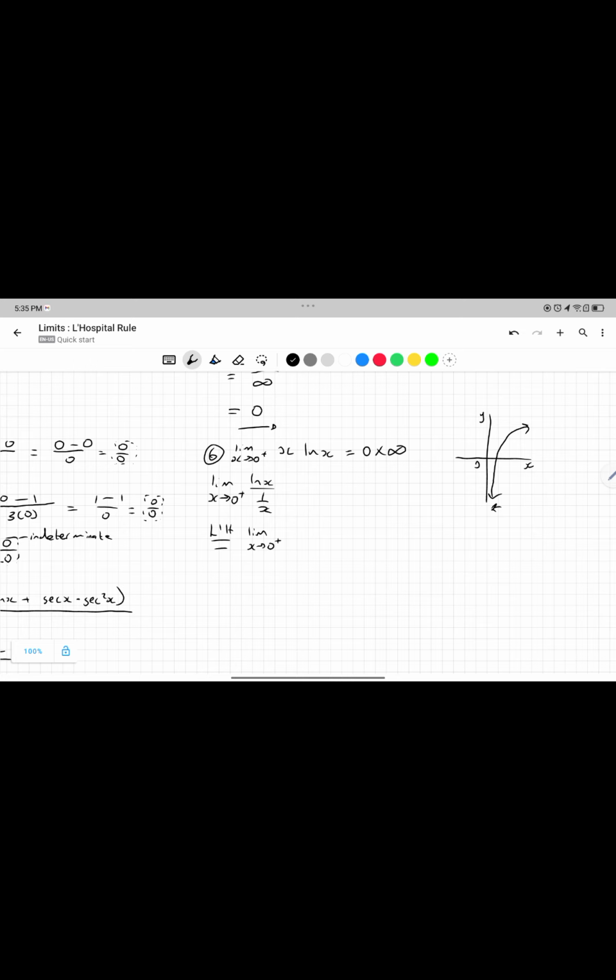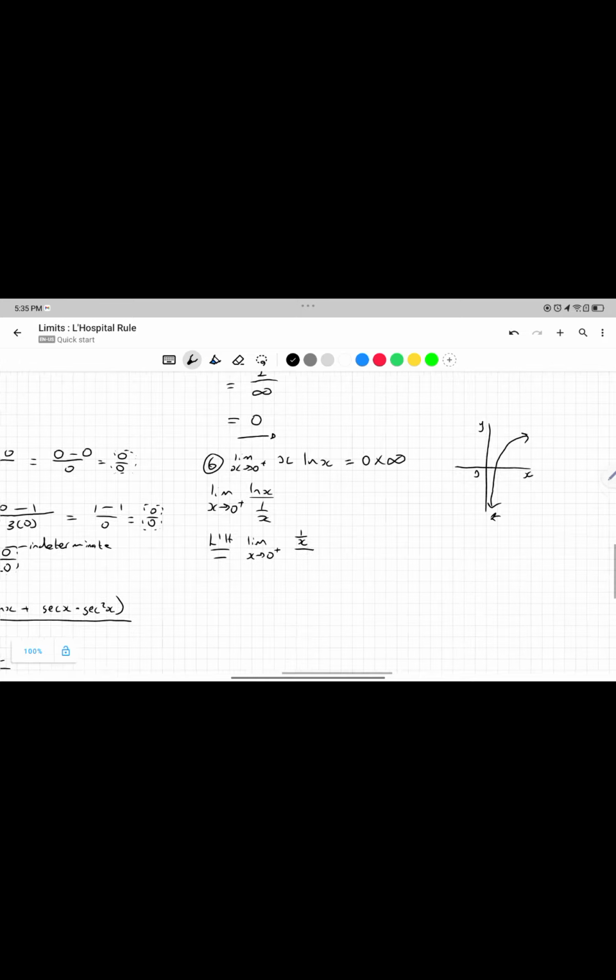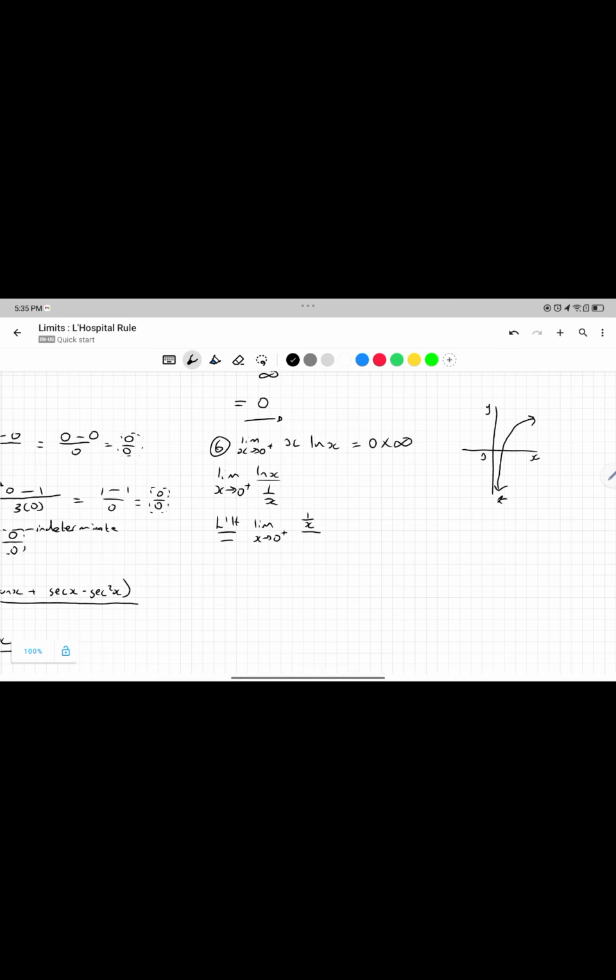So the derivative of ln x is 1 over x, right? And then the derivative of 1 over x is negative 1 over x squared, right?